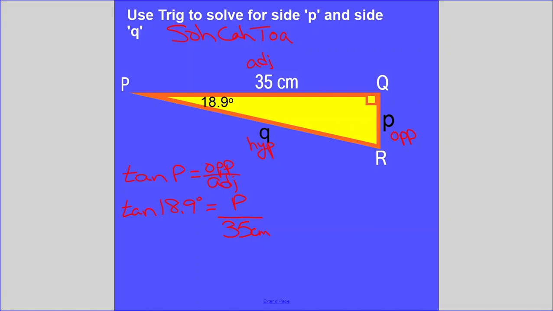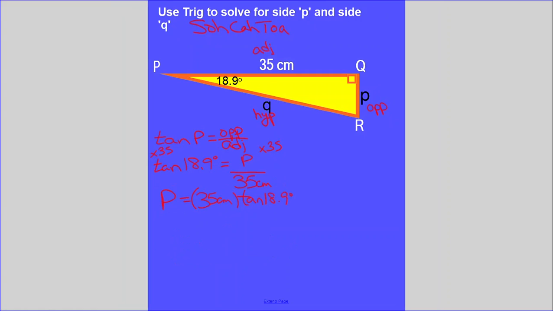Basically, if the letter is on the top and we're looking to solve for that variable, we need to multiply by the bottom part. So multiply by 35 on both sides. What that means is that P is equal to 35 centimeters times the tan value of 18.9 degrees.